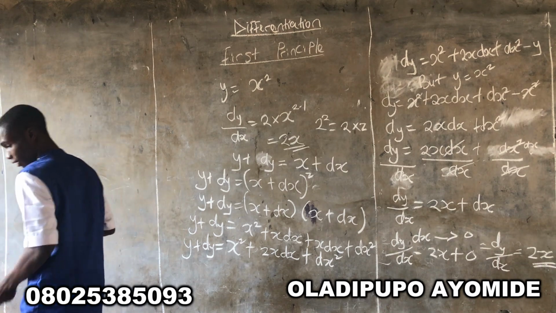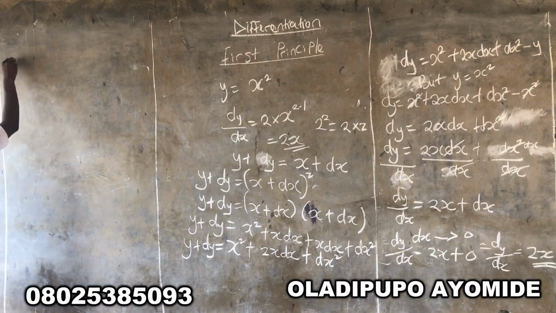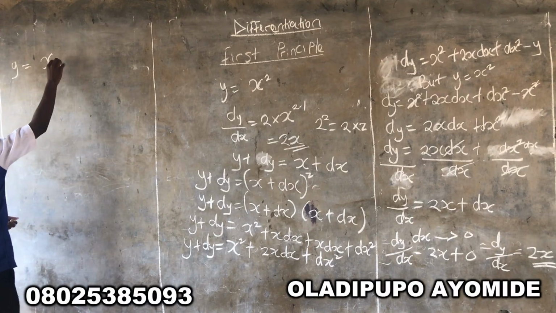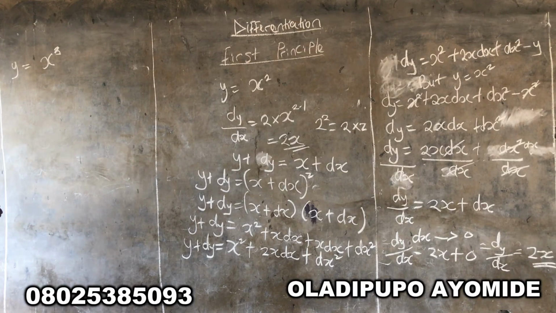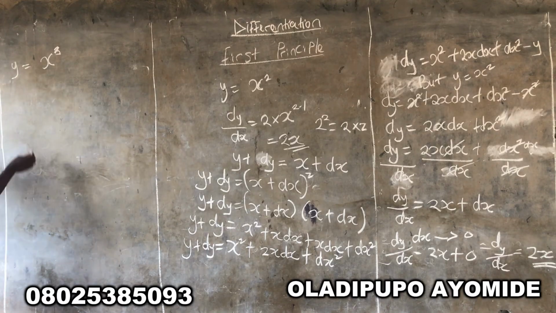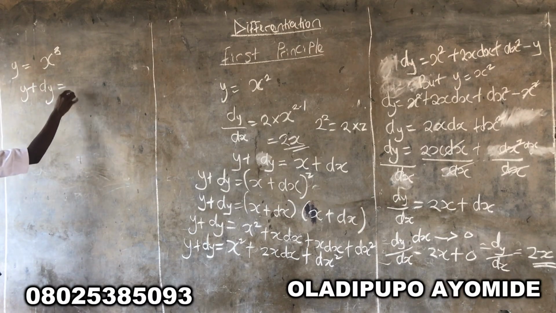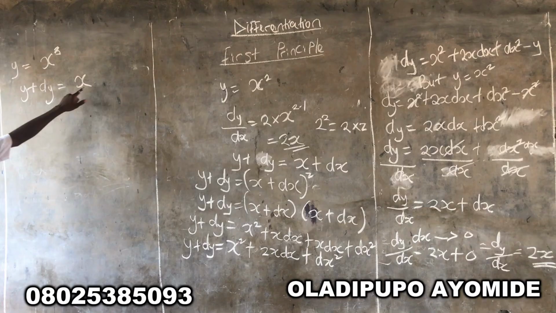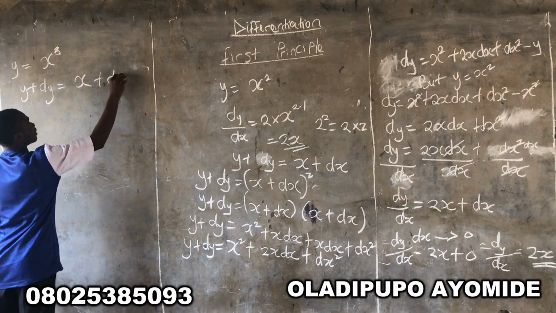Let's take another example. Given that y is equal to x raised to power 3, then in this case, using first principle, our y plus dy is equal to, I said it earlier that you have to add your change in y to y, and add your change in x to x, plus dx.